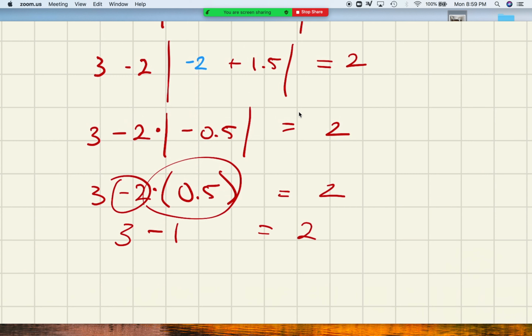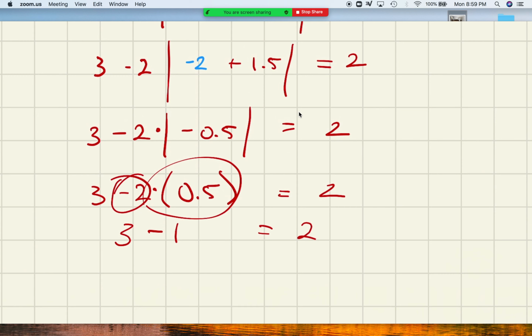It's just a weird order in which you do things. Since this was on the outside, you could either do the regular 2 times, actually not times this, because you have to do the absolute value first. So the regular 2 times the 0.5 and then keep the negative, or include the negative and then just use it as part of the answer.